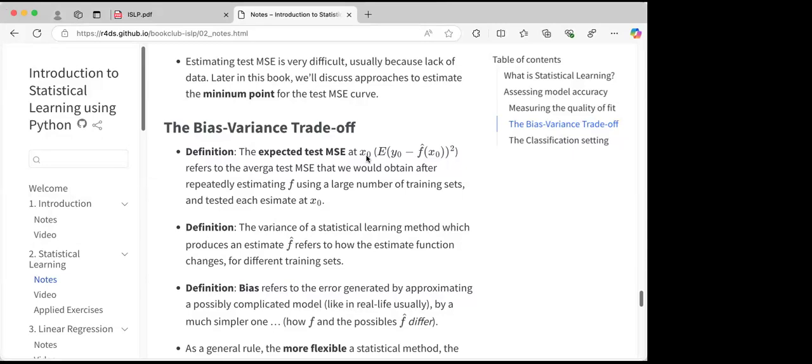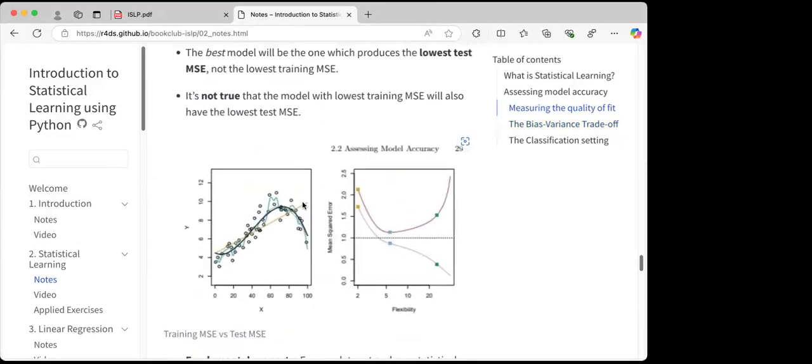The variance of a statistical learning method which produces an estimate for f refers to how the estimated function changes. Think of the variance as: if we add an extra data point or two or three, how will the model fit change?